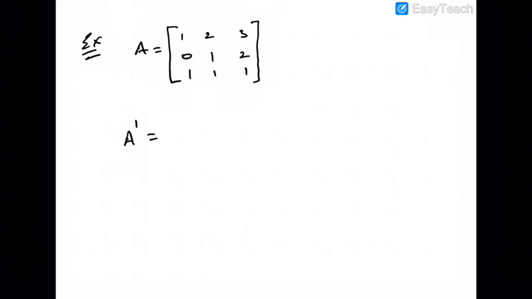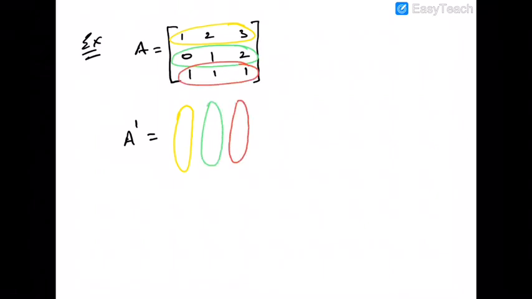Now let's take an example where A is equal to 1, 2, 3, 0, 1, 2, 1, 1, 1. Then its transpose will be: take the first row and write it down as the first column. Then take the second row, write it down as the second column, and the third row as the third column.